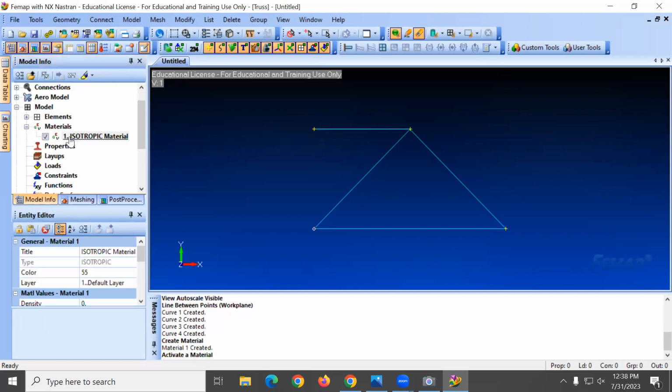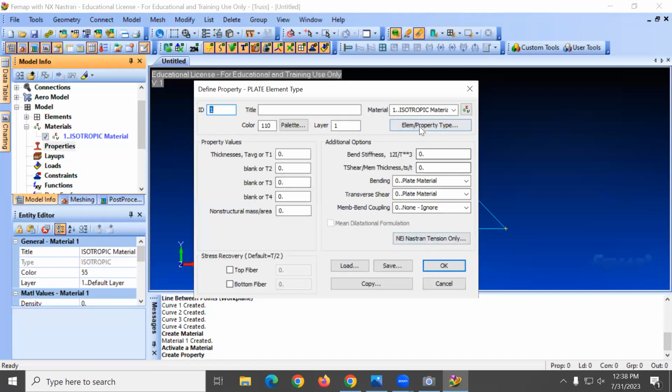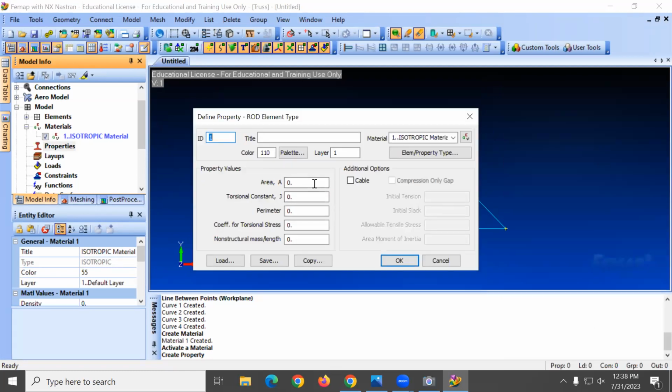All right. Now we're going to define a property. So right click, new. We're going to define a rod property. Is that the easiest one? Probably. Hopefully that will not give a problem. If we do meters, this is 400 times 10 to the minus 6. All right.